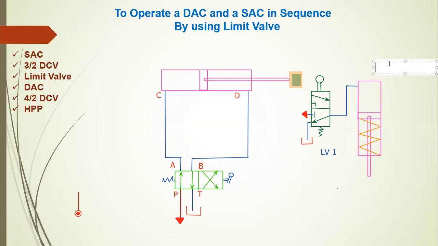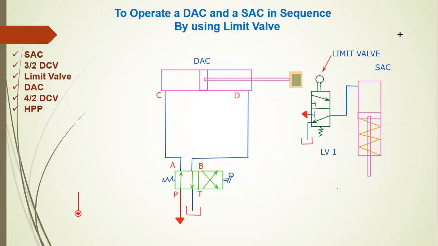Here is a SAC, single acting cylinder. Here is a double acting cylinder, DAC. This portion is a limit valve. Here is the complete drawing.